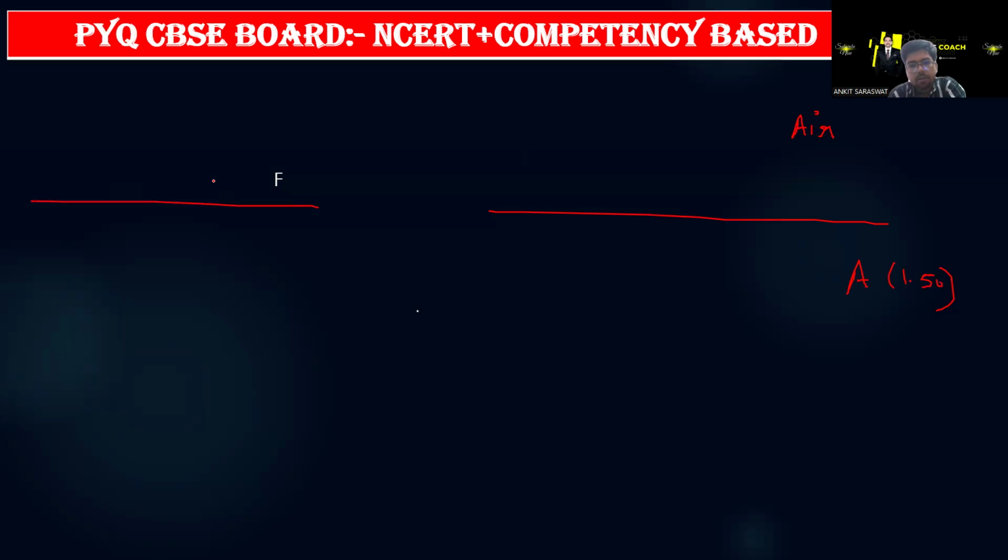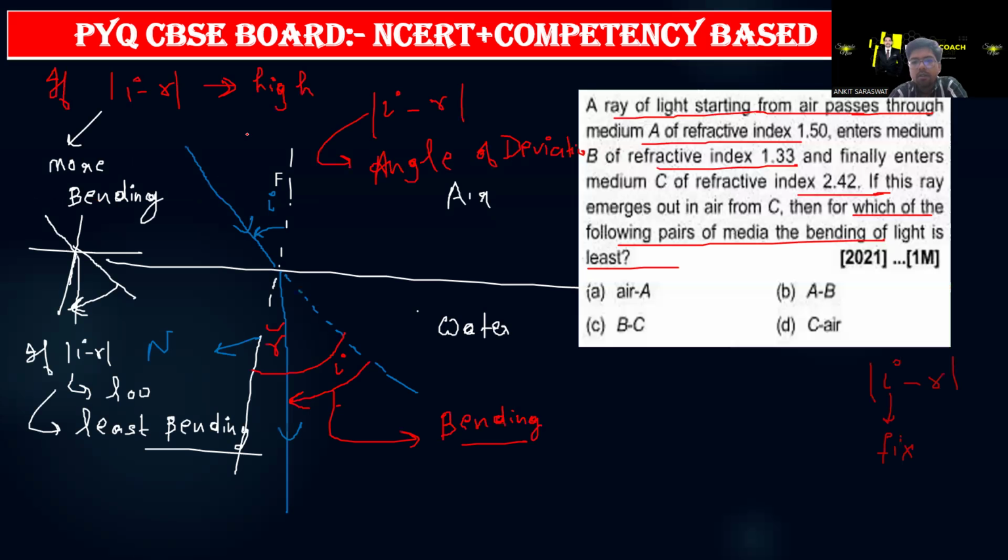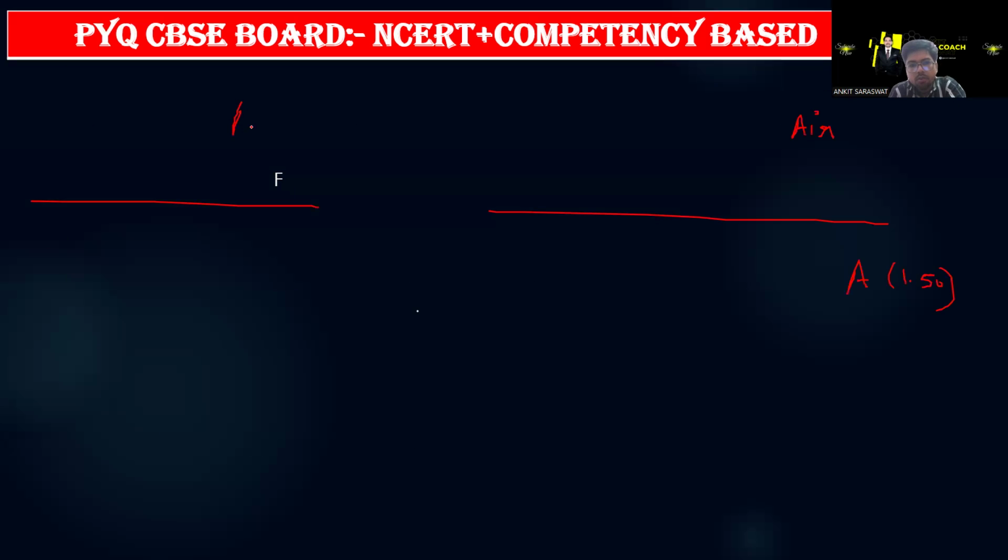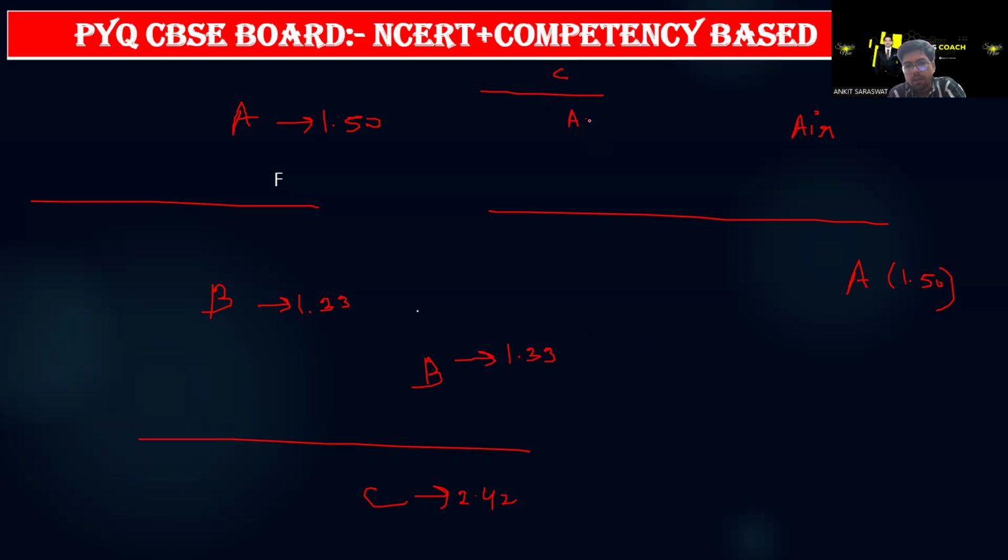In the second case, it enters medium B of refractive index 1.33, going from A to B. Then from B to C: the refractive index of C is 2.42 and of B is 1.33. The final case is C to air: C is 2.42, and for air you can take 1.